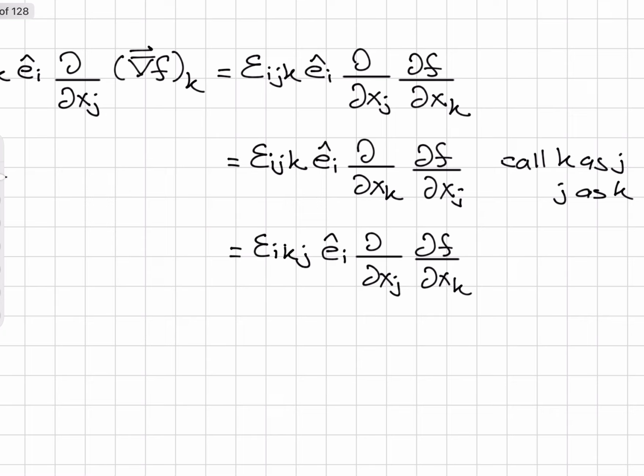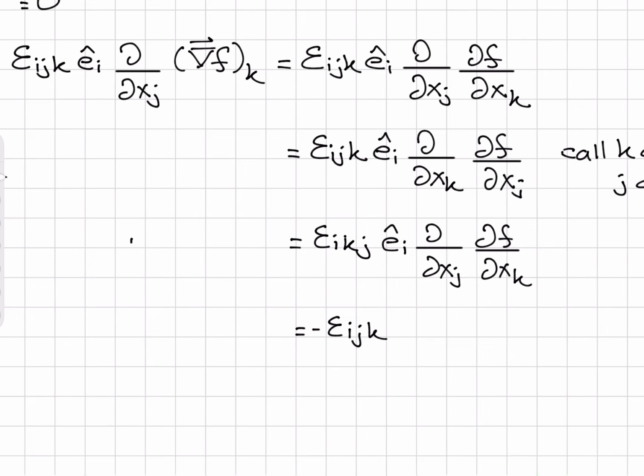All right. And now I will switch the positions of k and j, and that introduces a factor of -1 because this is an odd number of changes in the positions. We have minus epsilon ijk. Remember, i, k, j here.